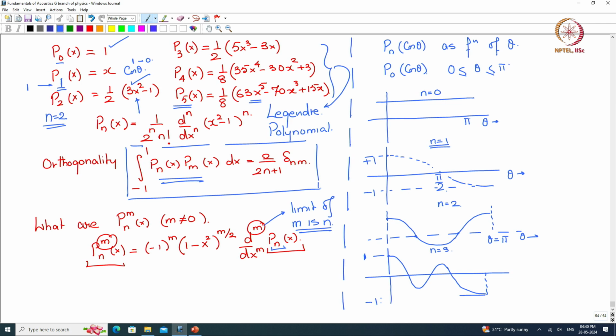And so forth. So in between, the oscillations have lower amplitude, but it ends up at the end points as plus minus 1.